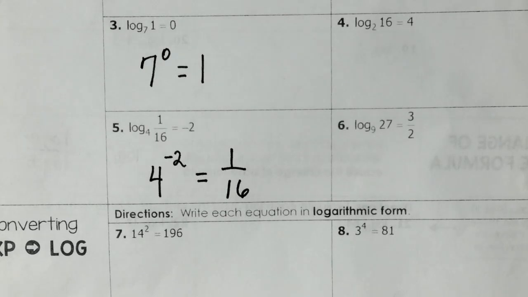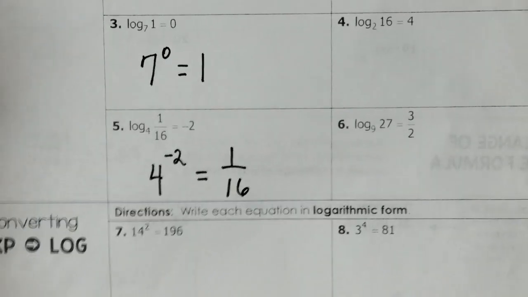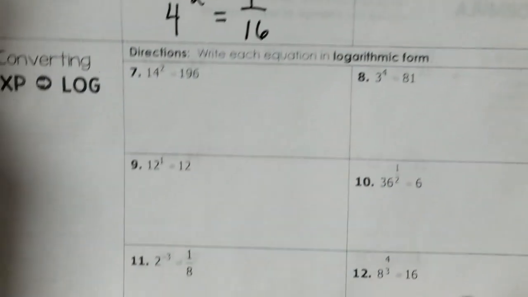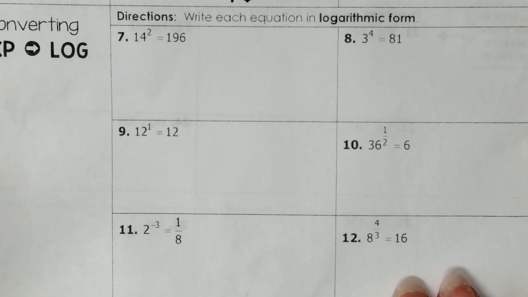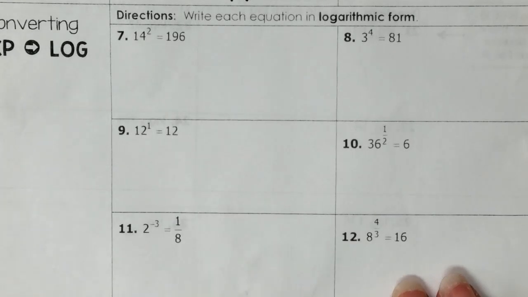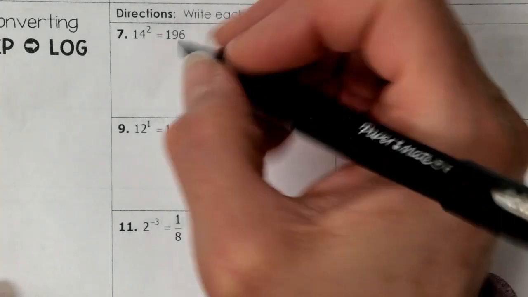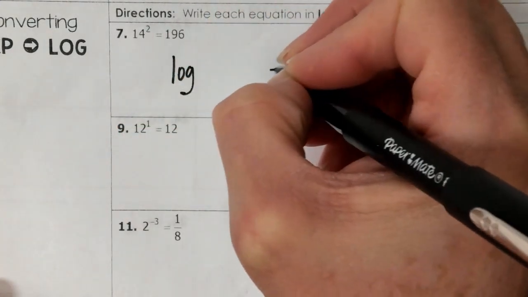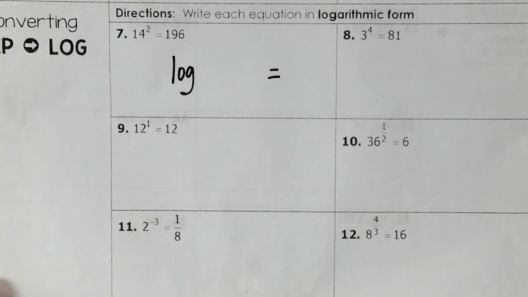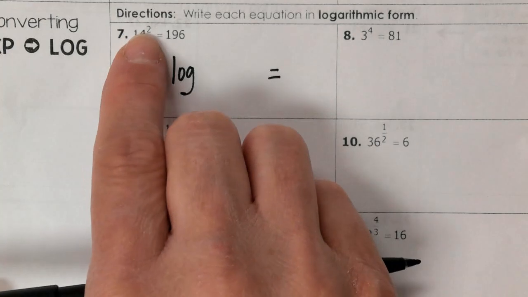Now, when you get to problem 7, it wants us to go the reverse. They want you to create the log form. So we're going to say log. Now, what will it equal? It will equal the exponent, right? Well, what's our exponent? A 2.